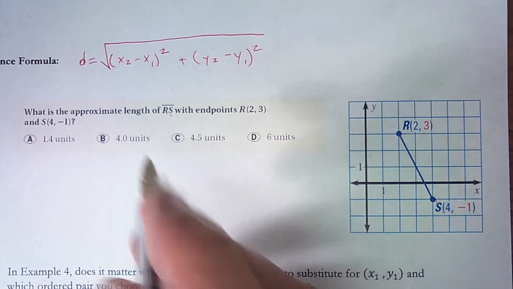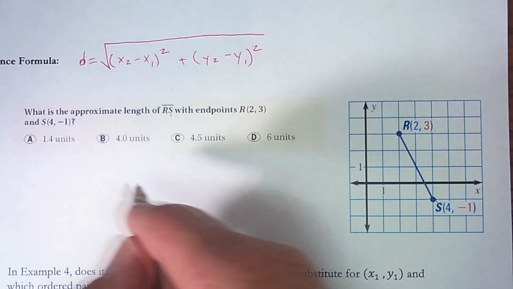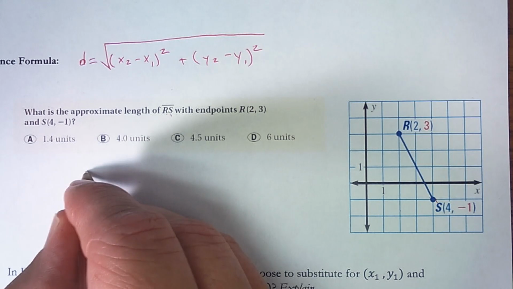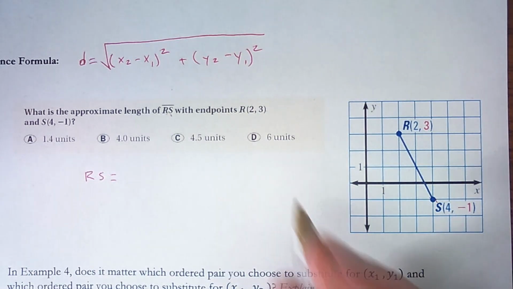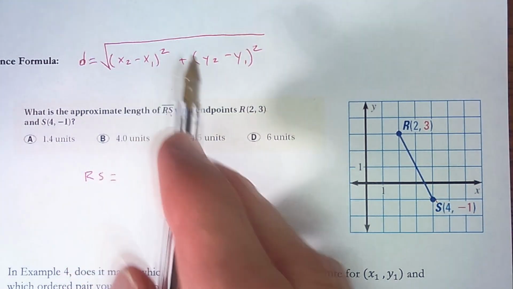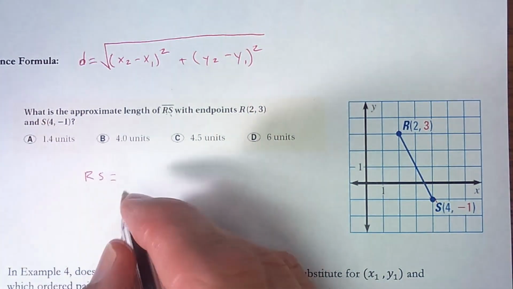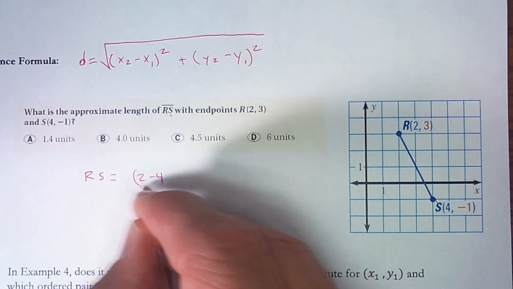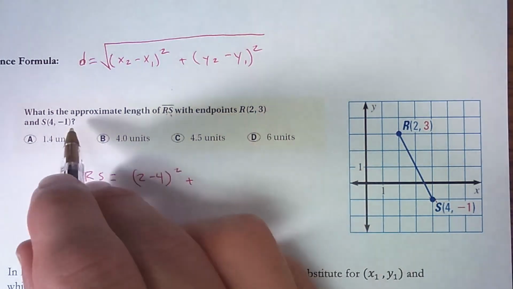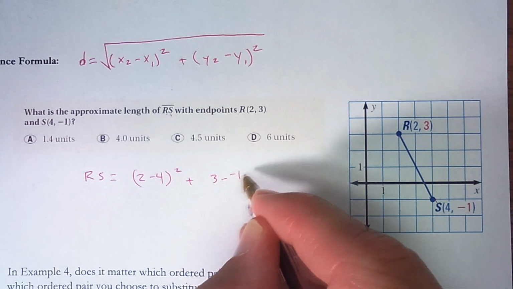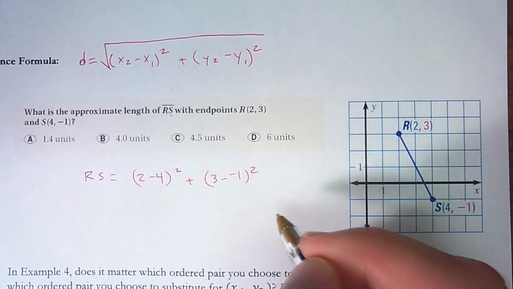So the distance formula tells me that D equals, or I could write this, the length of segment RS equals, then I'm going to have x minus x, so 2 minus 4 squared, plus y minus y, 3 minus negative 1 squared.